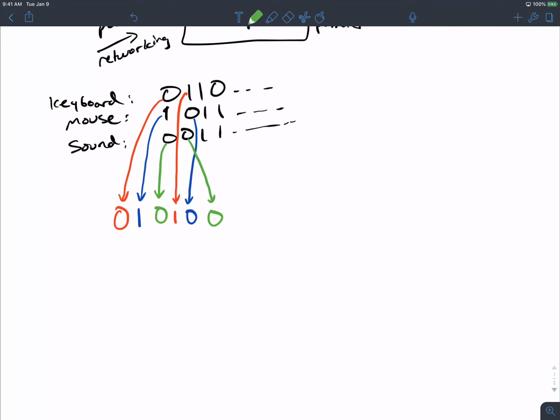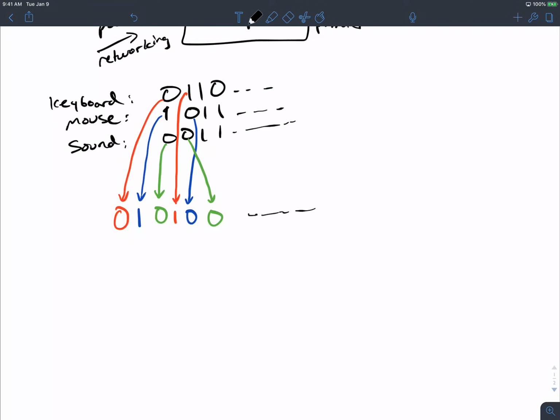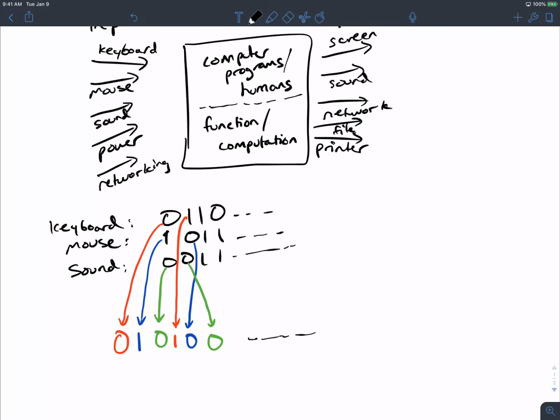Yeah, so I can certainly do this. No issue there. And obviously this continues all the way down. So therefore we can say we only have one input, and we only need to worry about one input here.